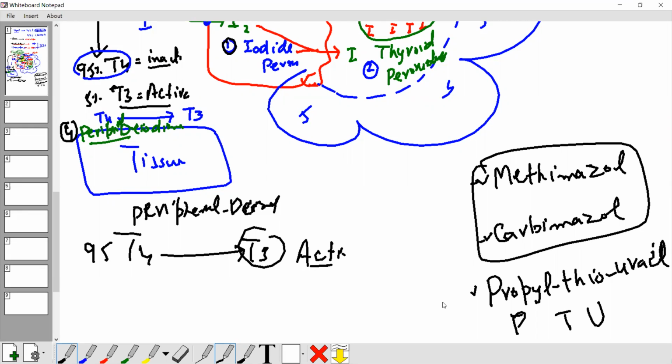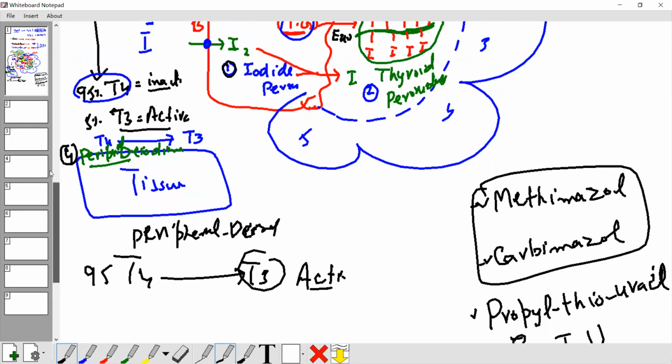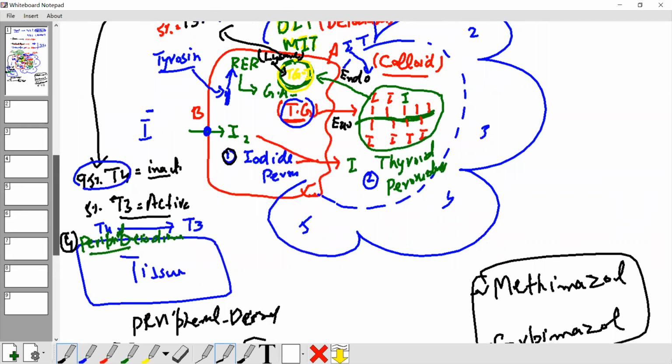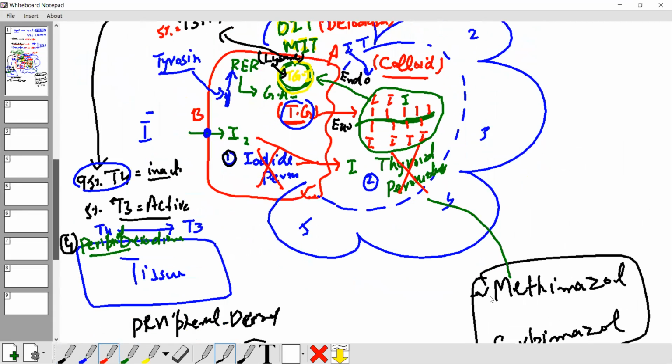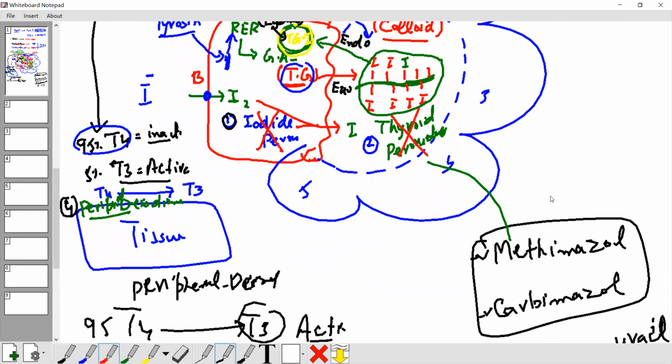Methimazole and carbimazole work directly inside the follicle. They enter the follicle and block thyroid peroxidase and iodide peroxidase, the two enzymes.